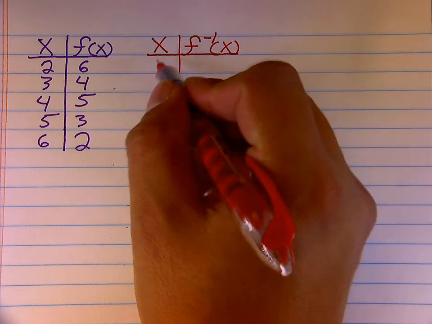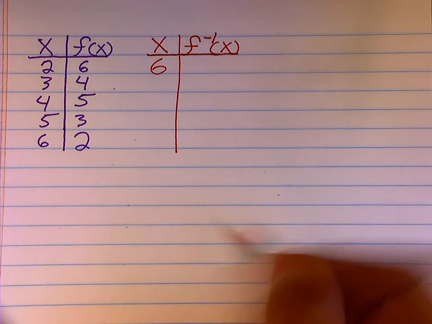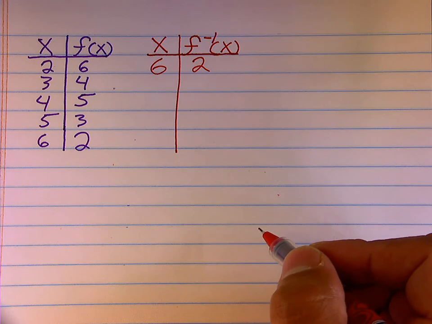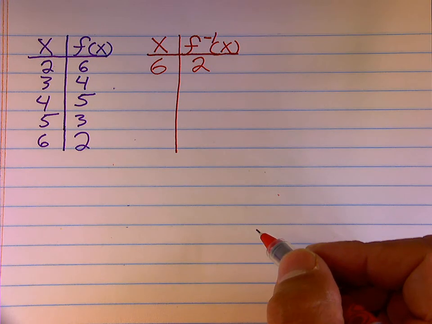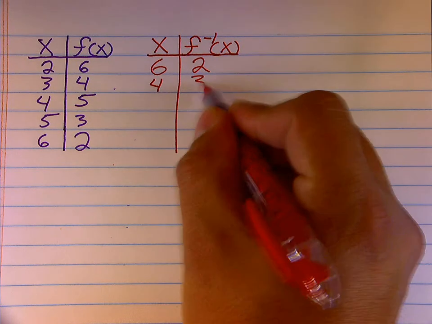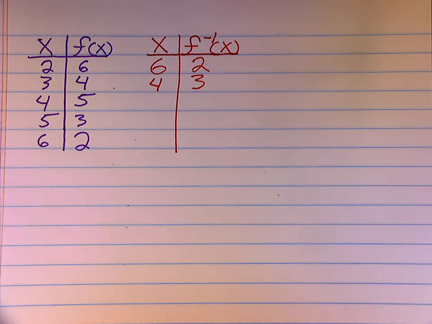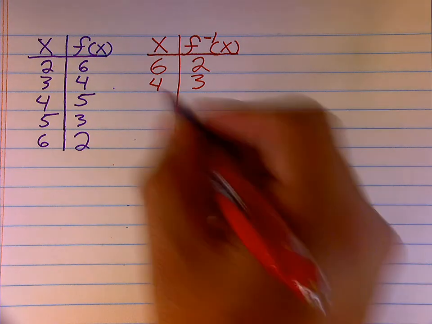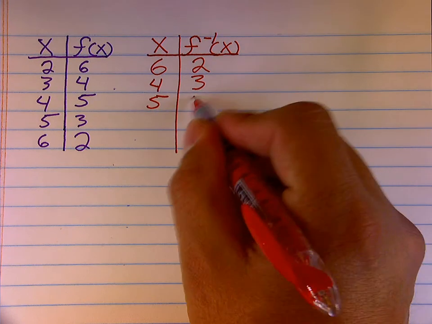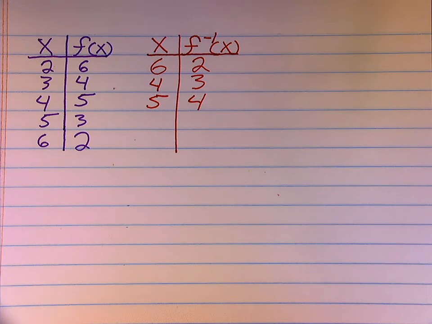The inverse should be able to take that 6 in and output a 2. The function inputs a 3 and outputs a 4. The inverse will input that 4 and output the 3, undoing it one at a time. Inputs a 4, outputs a 5. This one's going to input that 5 and take it right back to 4.